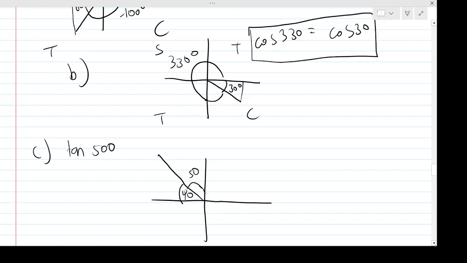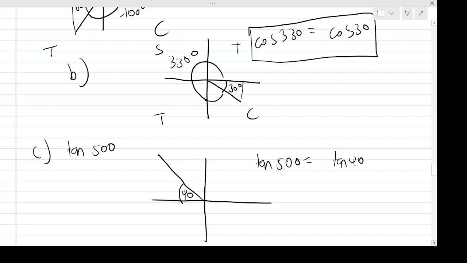Because 50 and 40 gets me 90, okay? So then we can say that therefore the overall angle of 500, the tan of 500, has to be equivalent to tan 40, but it will either be plus or minus. Well, which sign exactly?